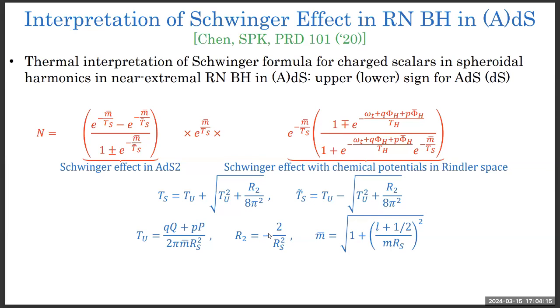That is the Unruh temperature associated to acceleration. This is the AdS2 two-dimensional scalar curvature. This is the effective mass. When we put all these quantities together, it has this simple factorization. So far, we have checked this universal factorization property for most black holes in 4 dimensions.